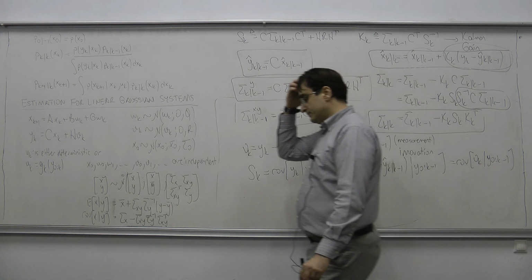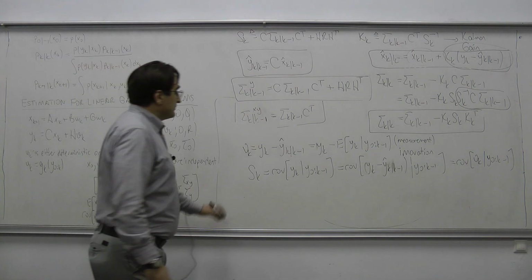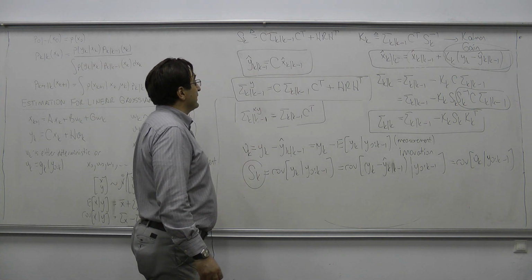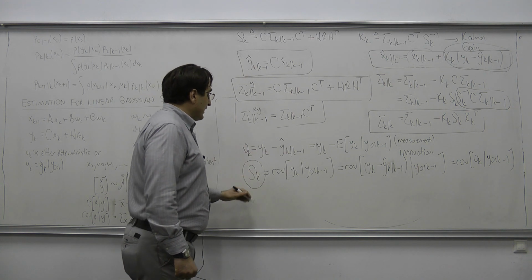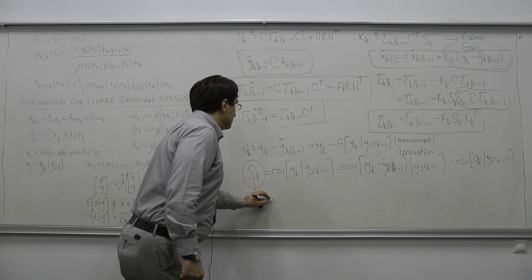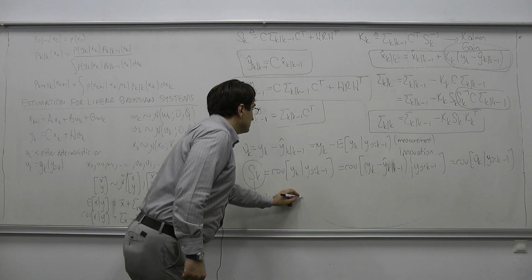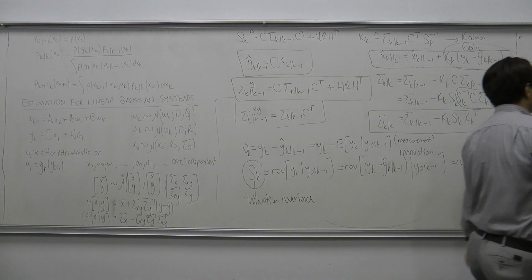Okay? So that is why sometimes this Sk, which is the predicted measurement covariance, is called innovation covariance, or measurement innovation covariance. Okay?